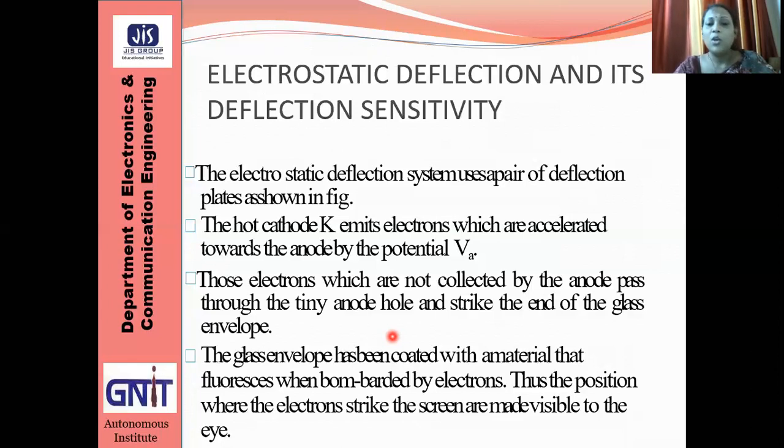Those electrons which are not collected by the anode pass through the tiny anode hole and strike the end of the glass envelope. The glass envelope has been coated with a material that fluoresces when bombarded by electrons. Thus, the position of electrons we can see with our eyes. So, moving to our next slide.